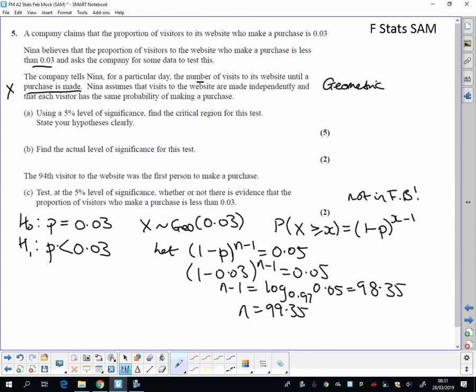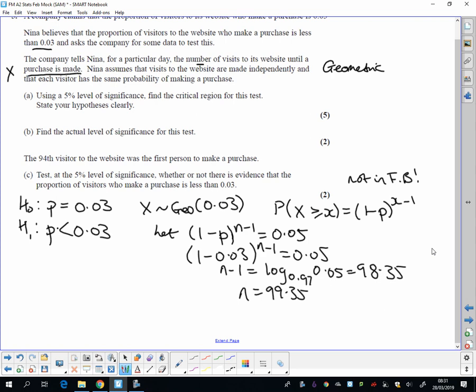So that would be the point, if n could be a non-integer, at which the probability of being greater than it would be 0.05. If I think about this logically, our value has to be an integer for a critical region. If I do n is 99, I'm going to get a probability greater than 0.05, because the higher n gets, the more the probability is going to decrease. So that means n is actually 100.